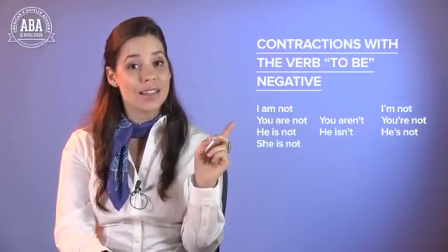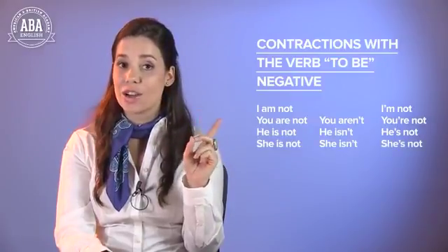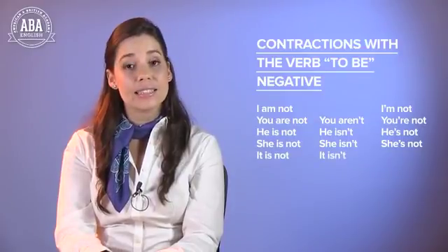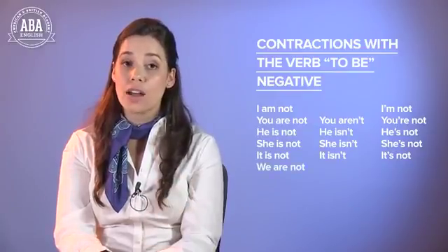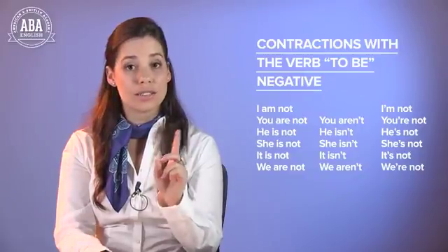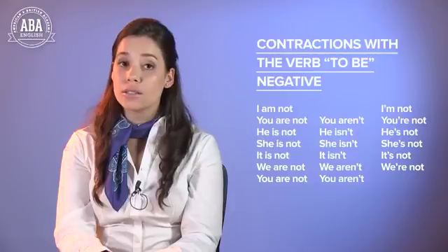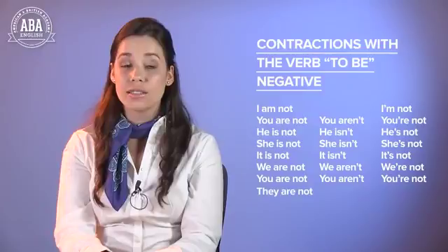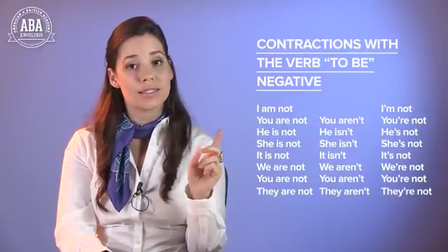She is not, she isn't, she's not. It is not, it isn't, it's not. We are not, we aren't, we're not. You are not, you aren't, you're not. They are not, they aren't, they're not.